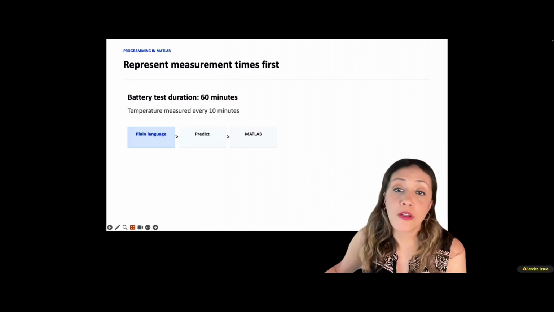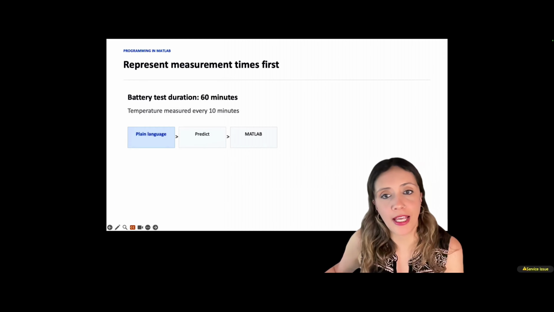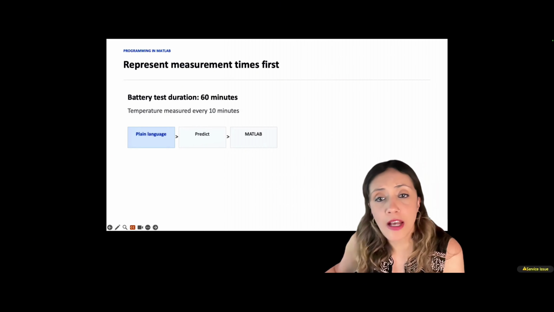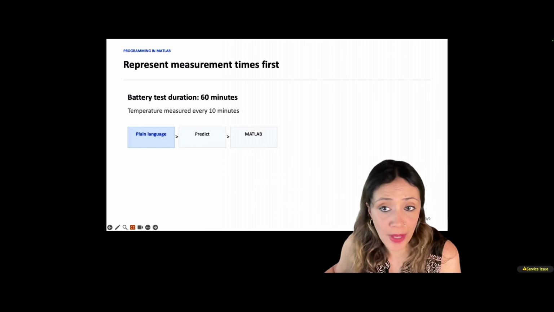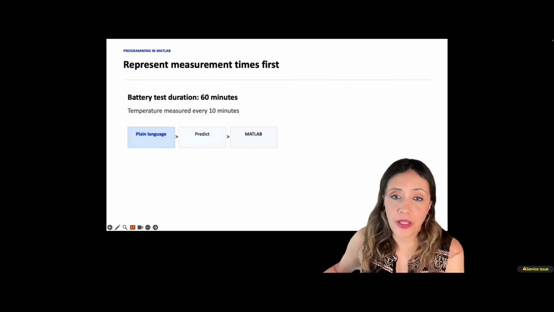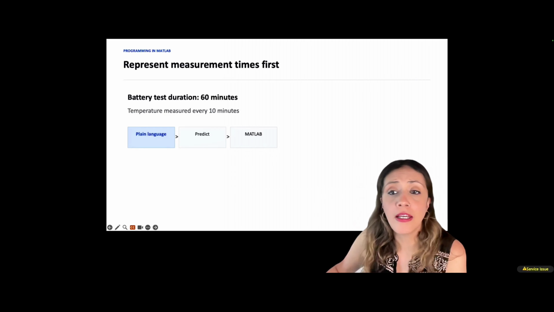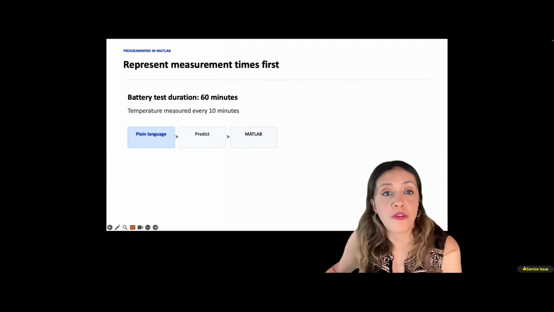So before we write code, let's describe those measurement times in plain language, okay? So ask yourself how you would describe the measurement times without using MATLAB syntax. You can write on a piece of paper or type on your computer if that helps you think it through.